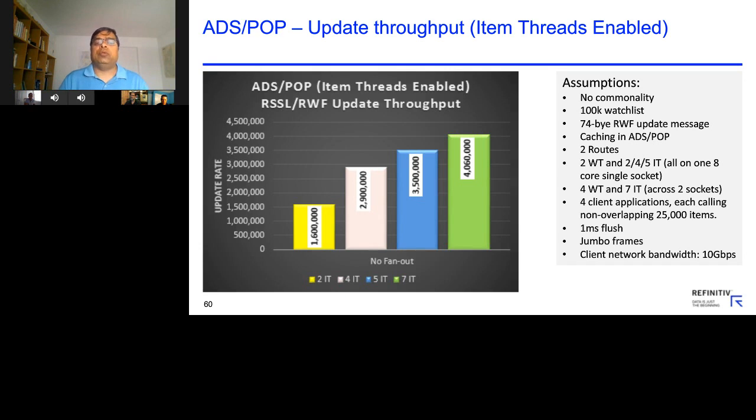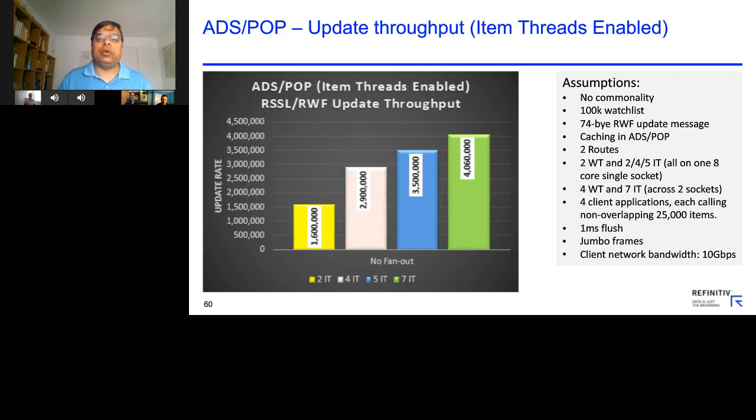So then let's look at the item threads, right? That's all good from a distribution point of view. But if your ADS-POP has to handle high message rates, we saw that if it is just the main thread, it could do 1 million updates per second in and out.